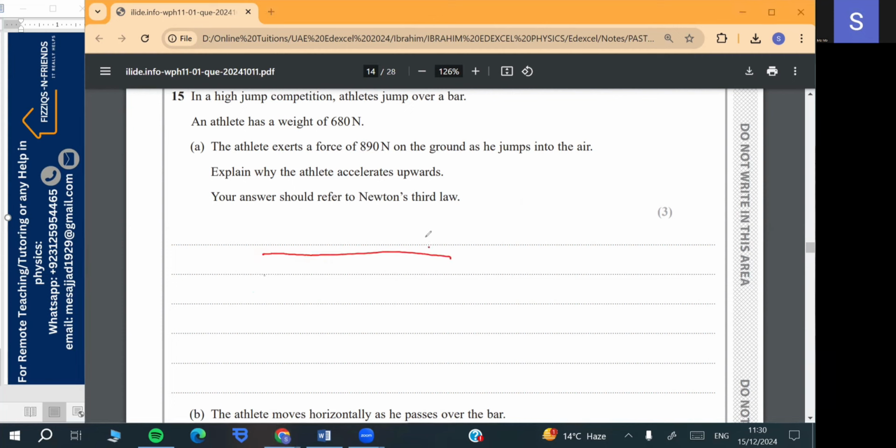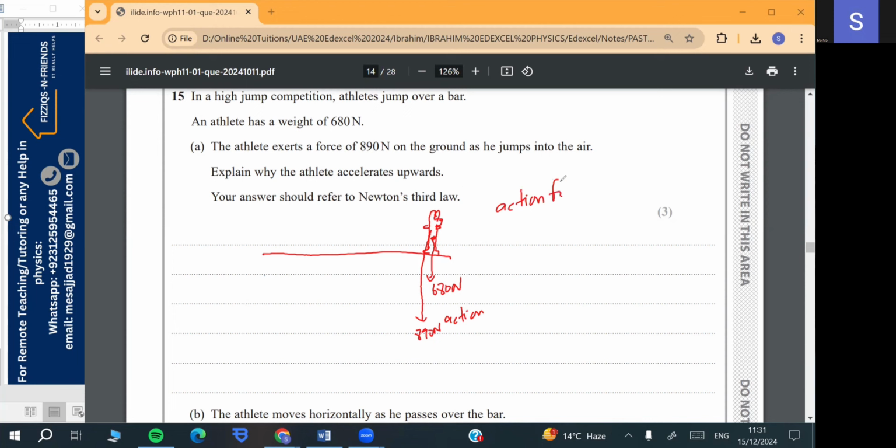For example, someone is standing here. So its weight is 680 Newton, which is always acting downward, and he is applying an additional force of 890 Newton downward. So this is action. And what is the action force?